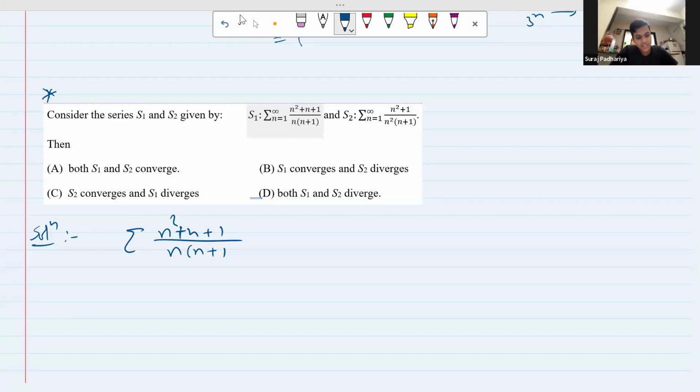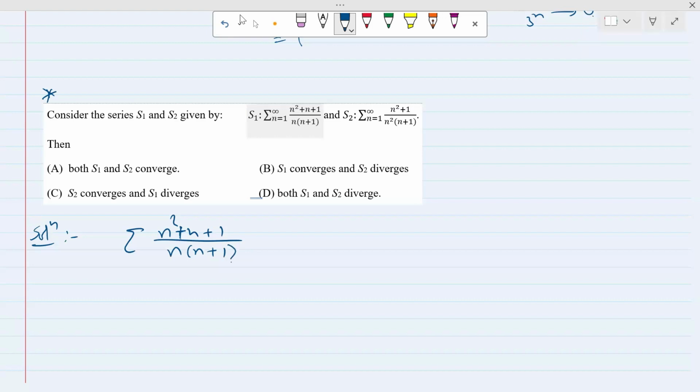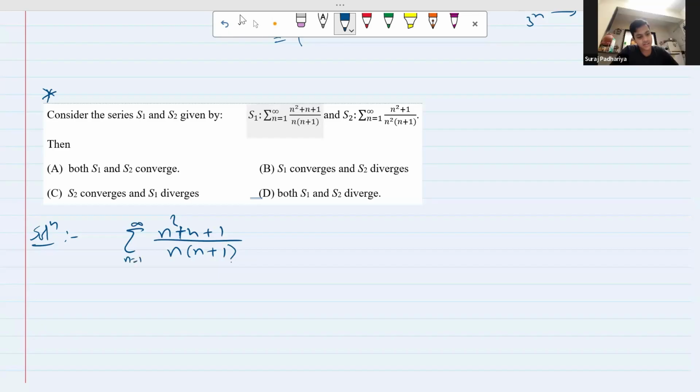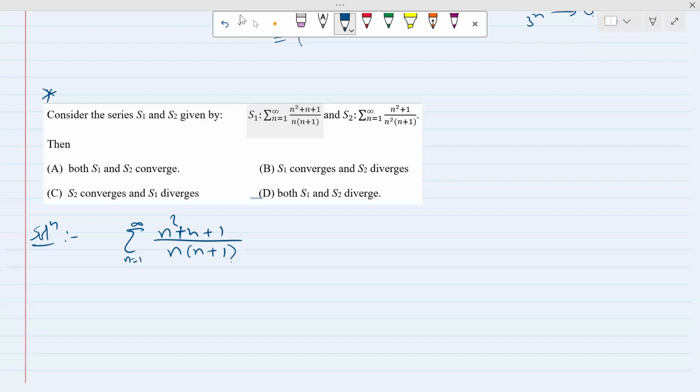Sir, can we use the ratio test? Ratio test. You try using the ratio test. Okay, sir. Divergent, sir. S1 is divergent. Yeah. How do you conclude it is divergent?